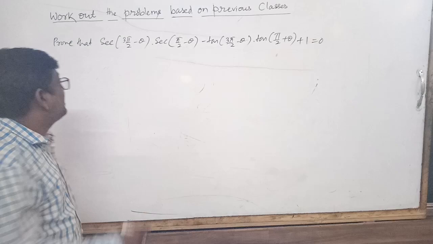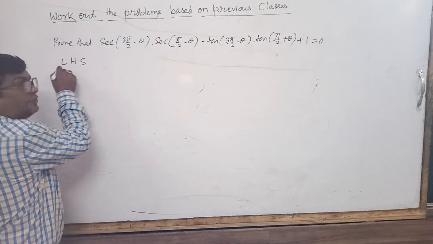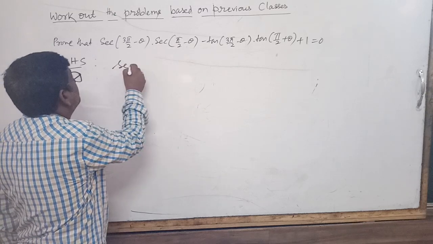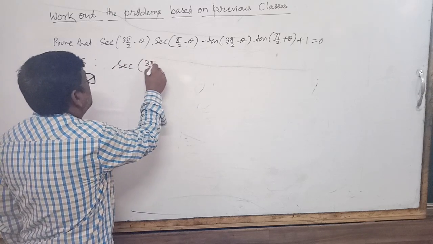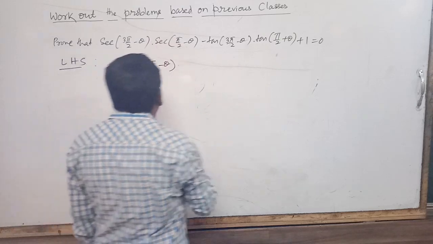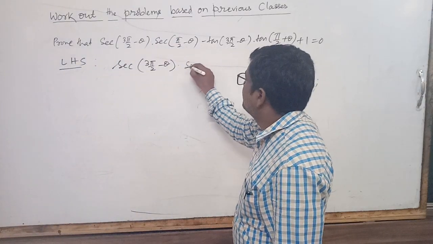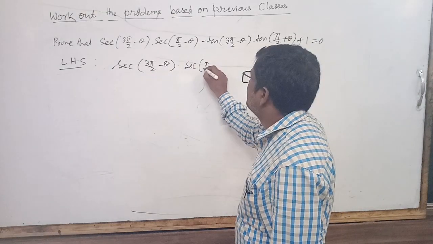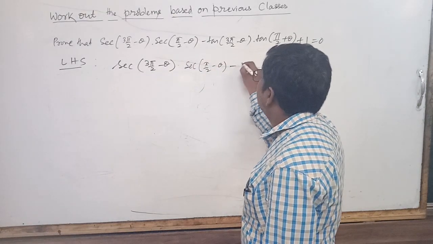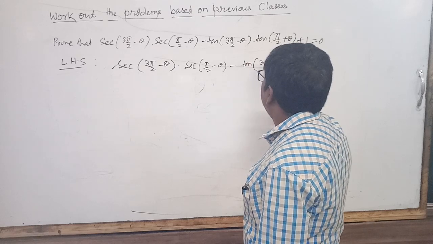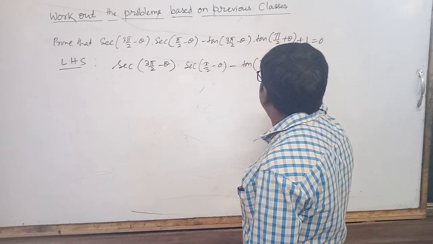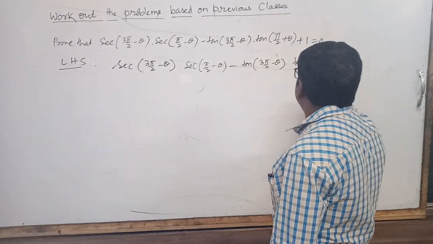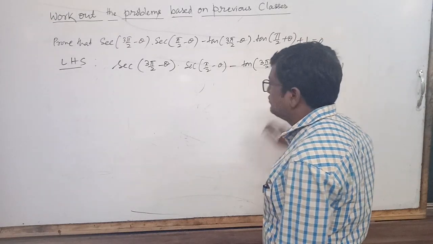Now write the left hand side: sec 3 pi by 2 minus theta into sec pi by 2 minus theta minus tan 3 pi by 2 minus theta into tan pi by 2 plus theta, plus 1.